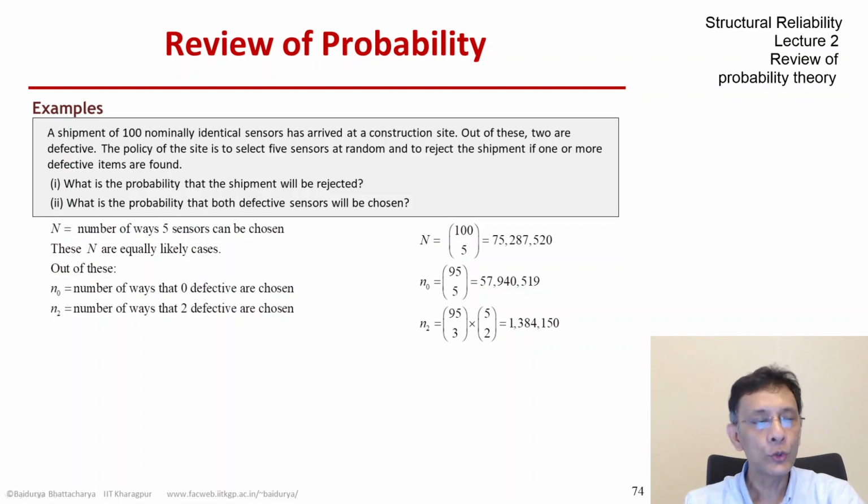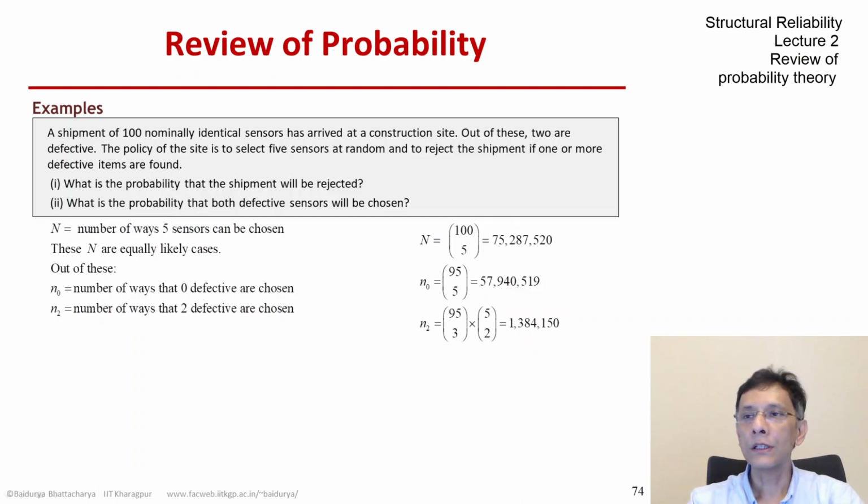And then n2, where we choose 3 non-defective and 2 defective, that can be done. You first choose the 3 non-defective ones from 95, and for each of them you can select 2 defective from the 5. So the answer is about 1.3 million.